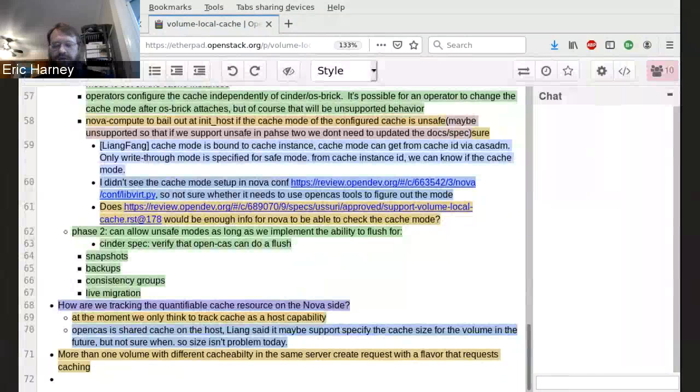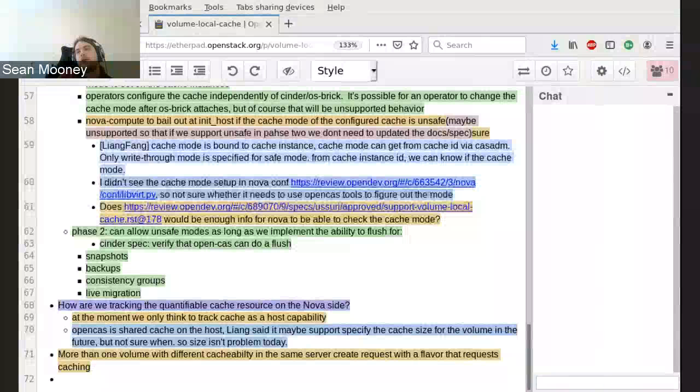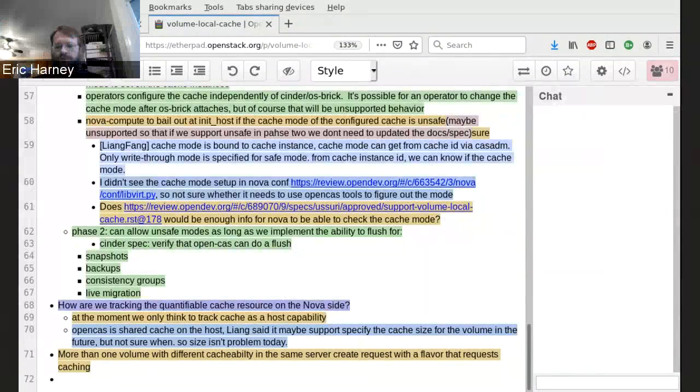I think that's going to be backend specific, right? Because if you're using something like bcache, it will manage expiring data out of the cache and propagating it back. So I think that's likely going to be dependent on whether you're using OpenCAS or what tool you're using, how that's actually managed. Yeah.